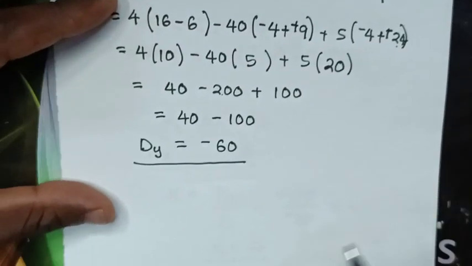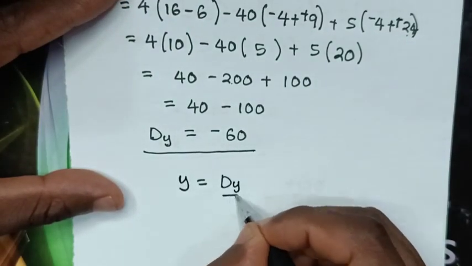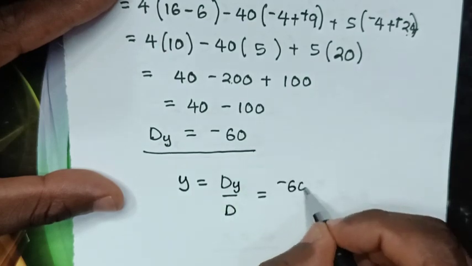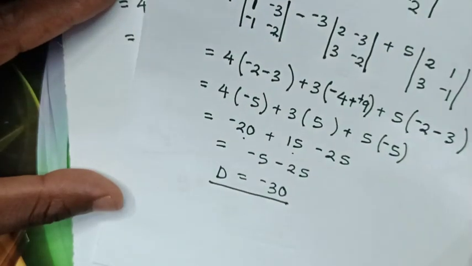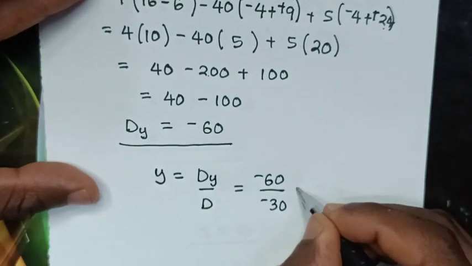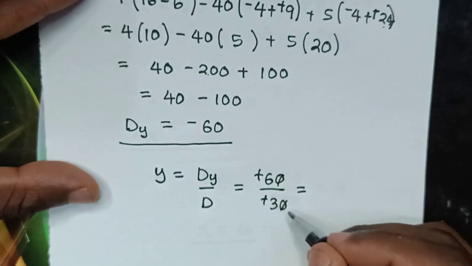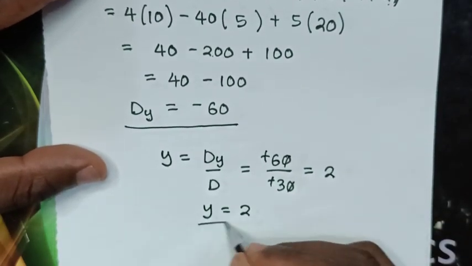Then in next step, we'll be finding the value of y is equal to determinant of y over determinant, which is equal to this negative 60 over determinant is this negative 30. So over negative 30 is equal to, in here it will be positive, 0 cancel 0, 6 divided by 3 is 2. Therefore y is equal to 2.